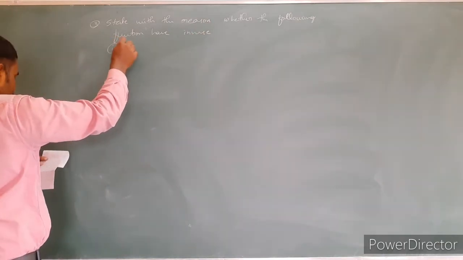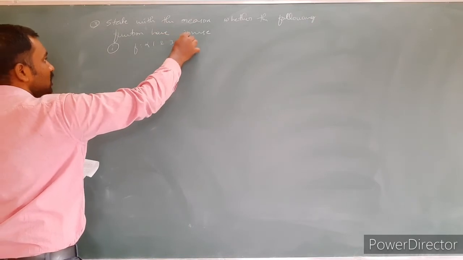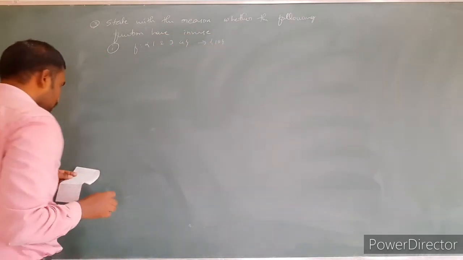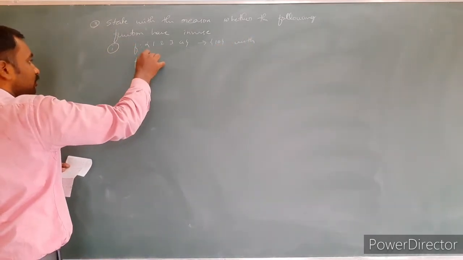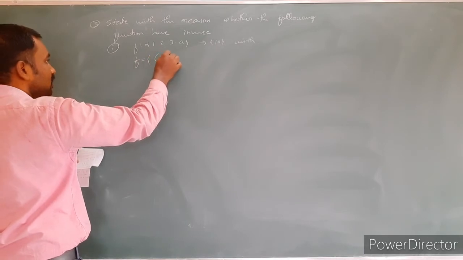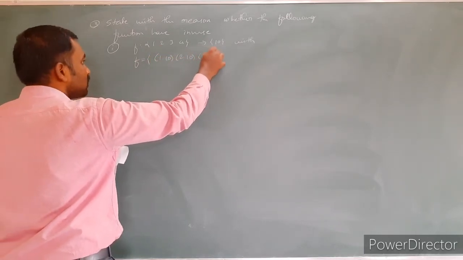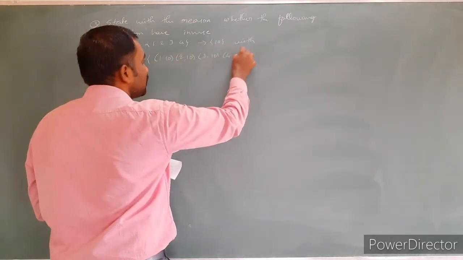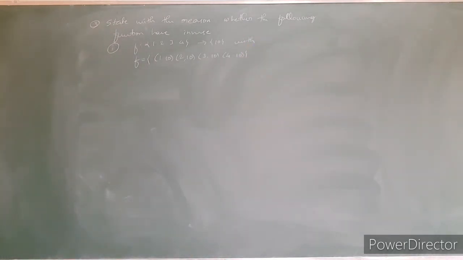In that, the first one: f is from {1, 2, 3, 4} into {10}. They have given a roster form of the relation: (1, 10), (2, 10), (3, 10) and (4, 10). Whether this function has an inverse or not.